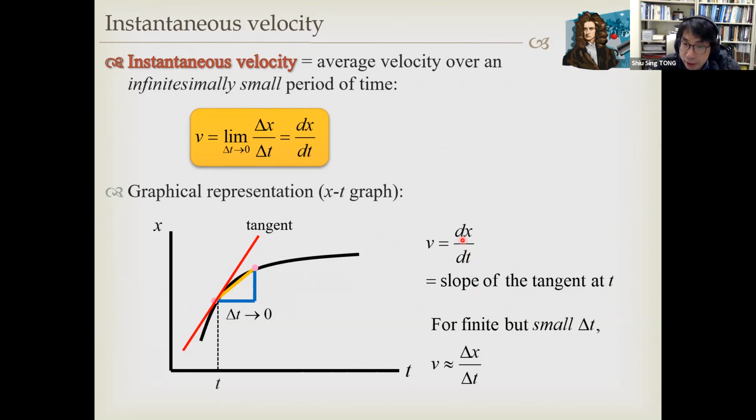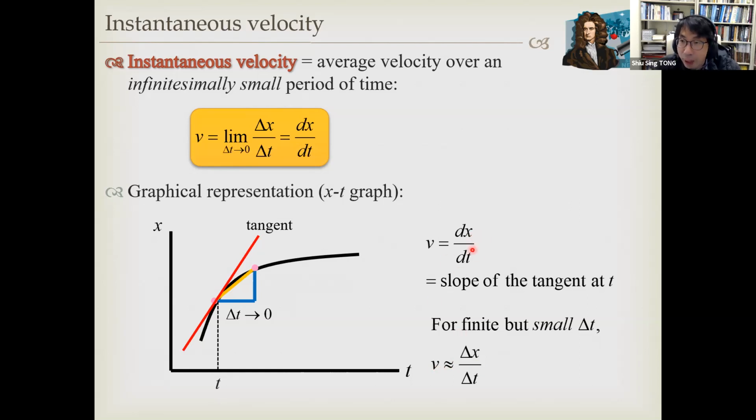Okay, now this expression is exact. It tells you the velocity at a certain instant. But if my delta t is not exactly zero, but small enough, I can still use the ratio of delta x over delta t to approximate my instantaneous velocity. I write an approximate sign here because this is not exact.